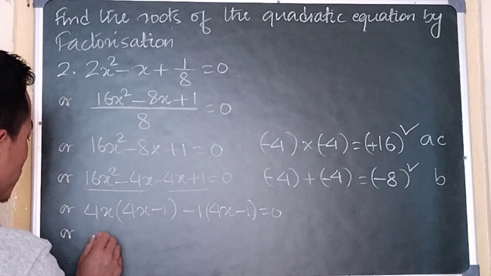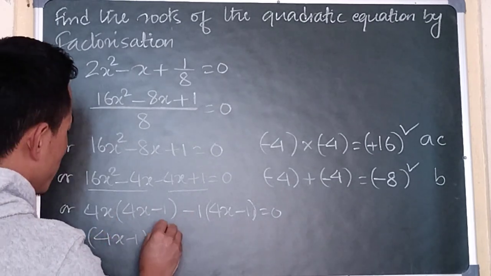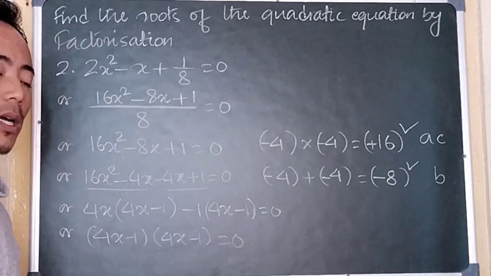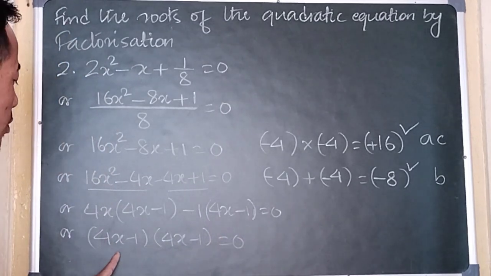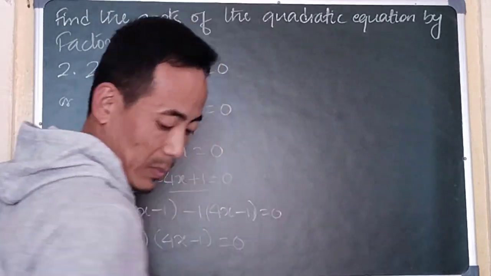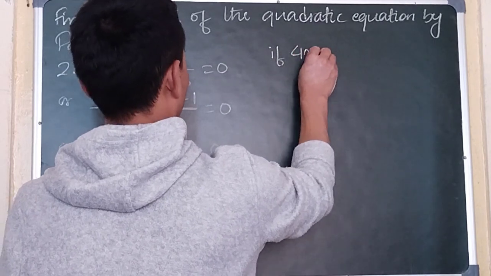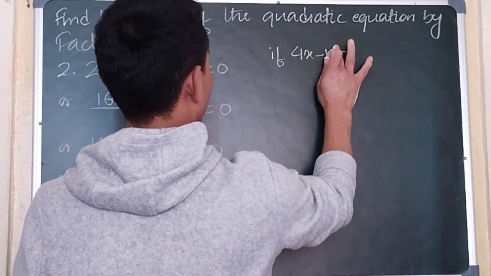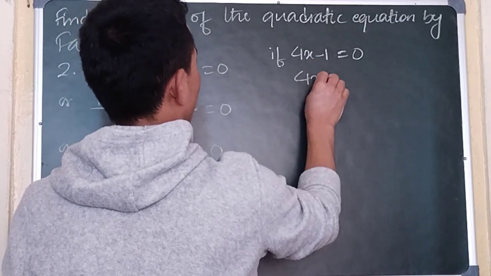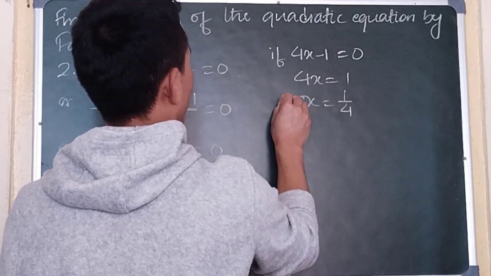Now from the entire expression, 4x minus 1 is common. Then we are left with these two terms. 4x minus 1 equals 0. Now in order to satisfy this equation, this has to be 0 or this has to be 0. So here, if 4x minus 1 is equal to 0, then we will get 4x is equal to 1, or x is equal to 1 divided by 4.